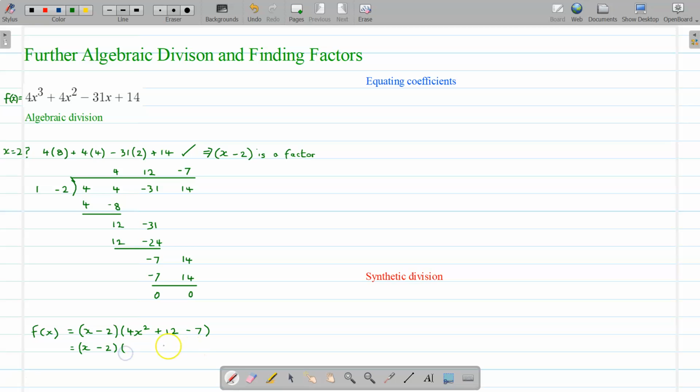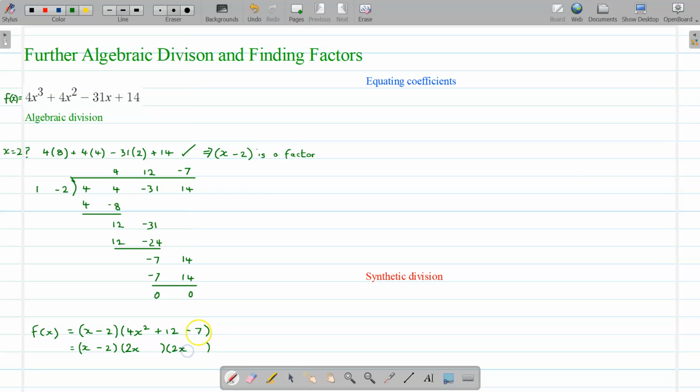Now, the 4x squared can come from 2x times 2x or x times 4x. And with a bit of trial and testing, you can find out that it's 2x and 2x that works.